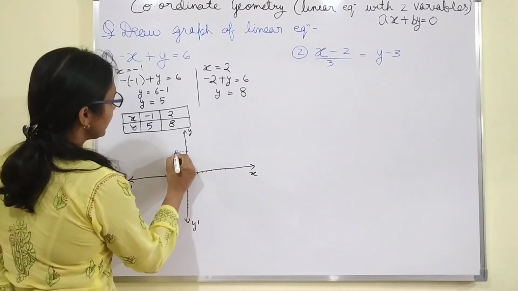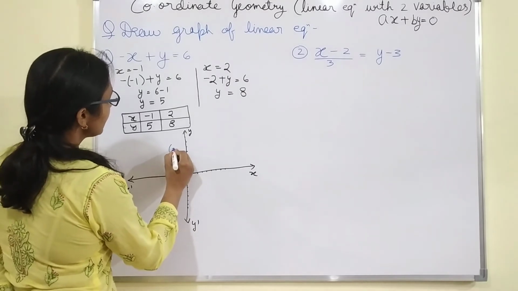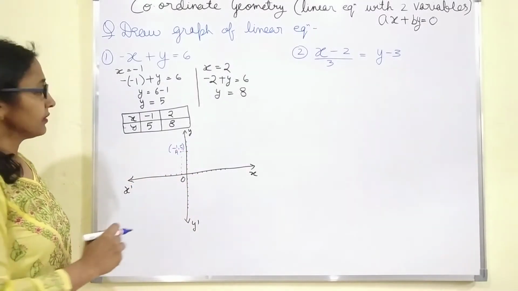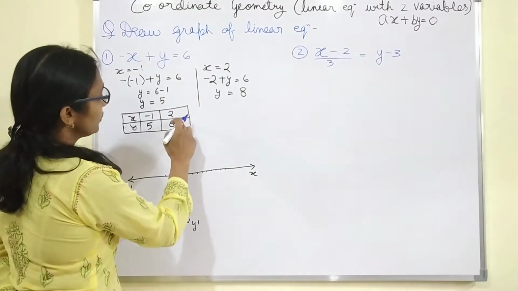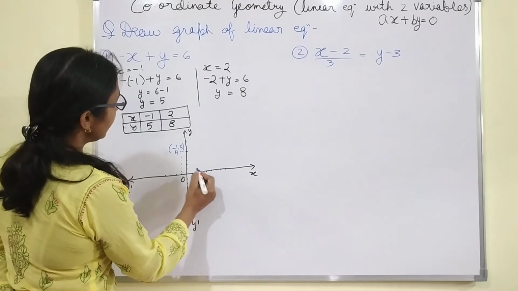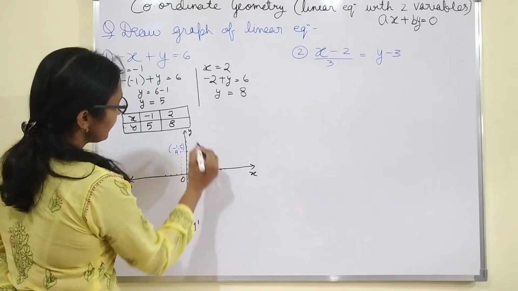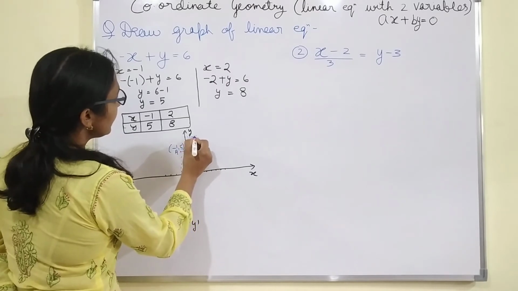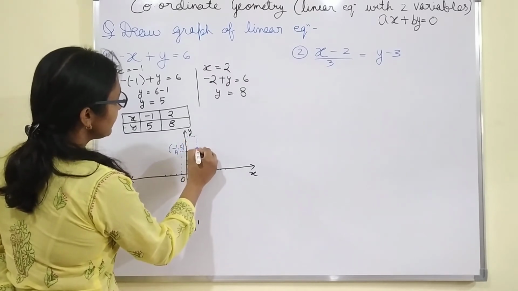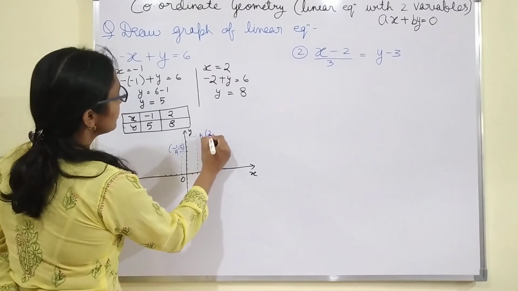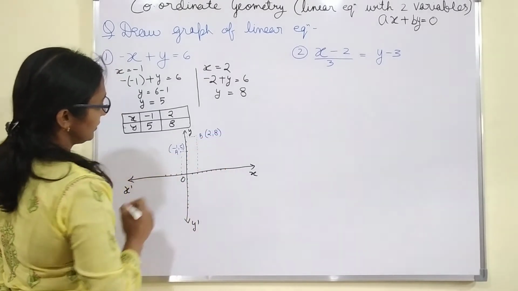We got a point A here. It is minus 1 and 5. Now, next coordinates are 2 and 8. 2 on x-axis and 8 on y-axis. So, 2 and 8. We got the point B, that is 2, 8.